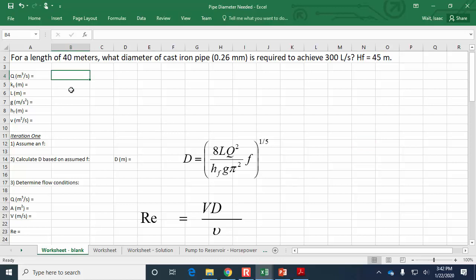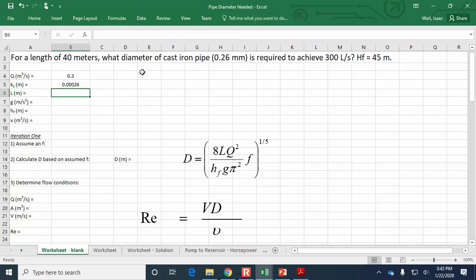All right, so the flow rate we want to achieve is 300 liters per second. So 0.3 cubic meters per second. The cast iron has a roughness of, remember, the K sub S and the D need to have consistent units. And so what I'm going to do is I'm going to use K sub S in meters. So it's 0.26 divided by 1,000, and now that's in meters.